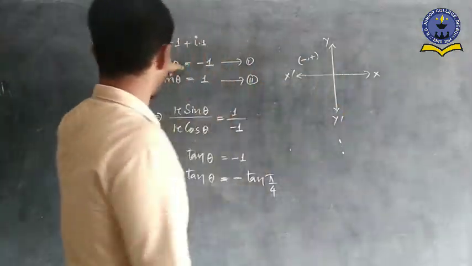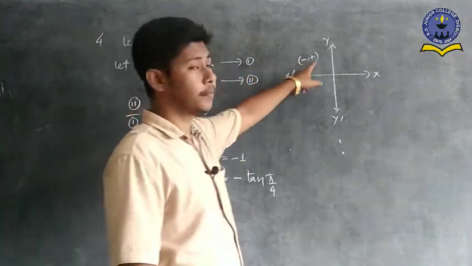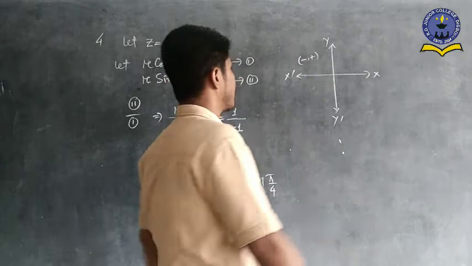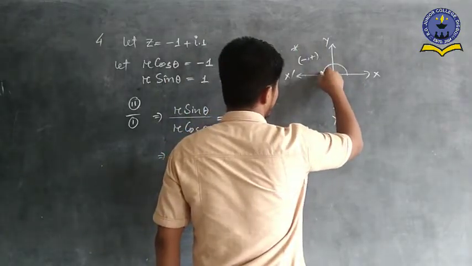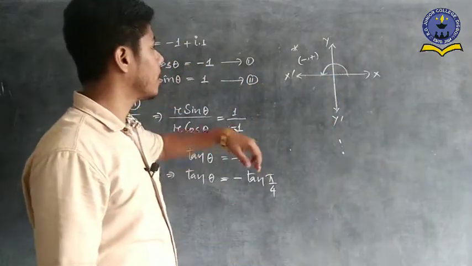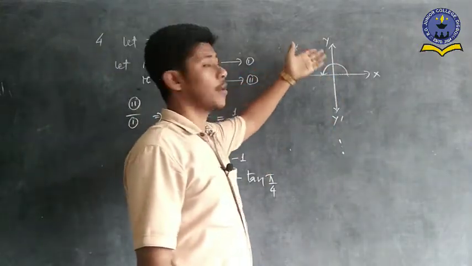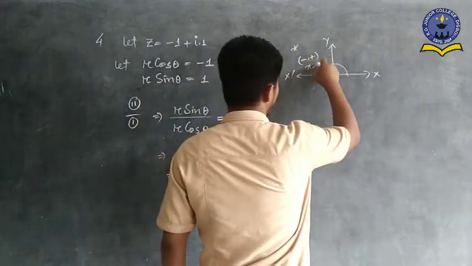So now we have to find the coordinate at this angle in the second quadrant. In the second quadrant, if we measure from here the positive angle, that means up to this pi, and we need the second quadrant, so we have to subtract the angle here. So the general form is pi minus theta.